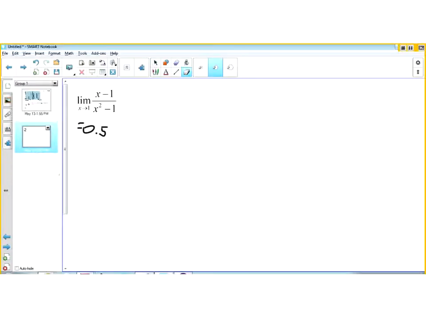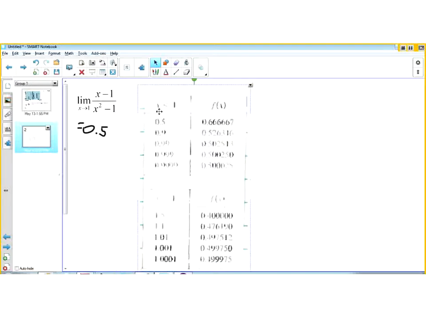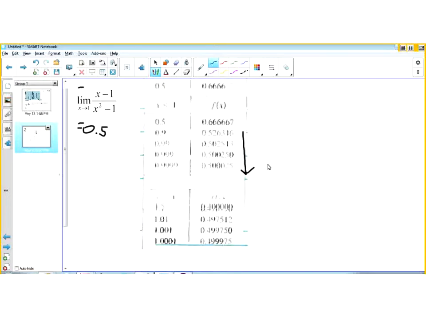So here's our table right here. So look what happens. It's a little bit smeared. I apologize for that. But in this case, x is less than 1. So we're approaching 1 from numbers less than 1. And look at the corresponding outputs. It appears as though the outputs are converging toward 0.5 as we approach 1 from the left.